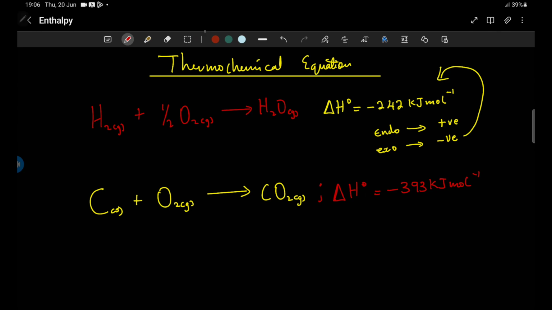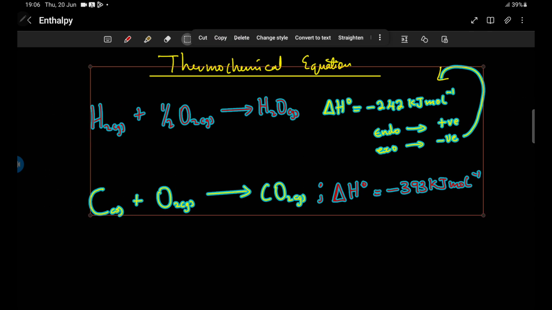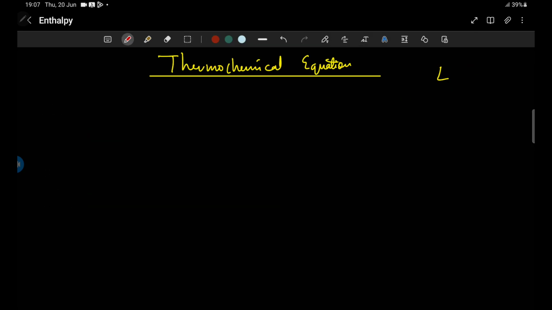Let's write down an equation that shows an endothermic process. The other way around, let's say we have water split into hydrogen and oxygen.